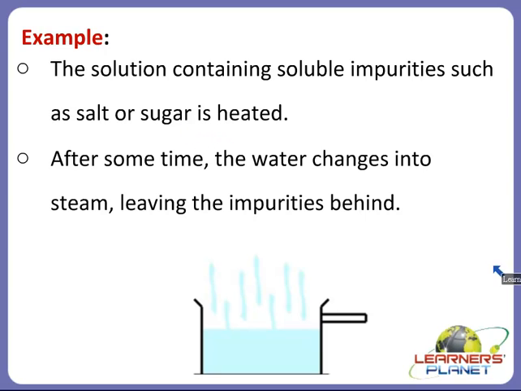So in this way we can remove the impurity from the water, or from the solution in which salt or sugar, or any other soluble impurity, is dissolved. In this way we can separate the impurity from the solution and get the purified form of water.